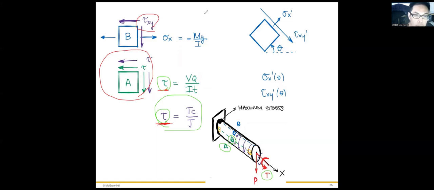The bending still applies. On the top surface there should be tension, the maximum normal stress on the top surface, which is under tension. Therefore, there is normal stress from bending.